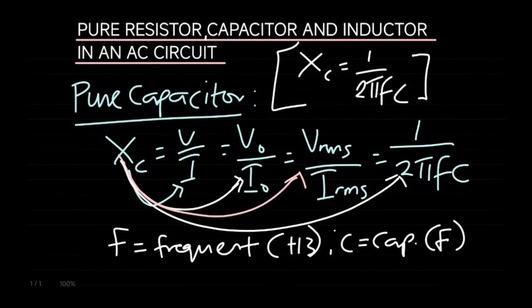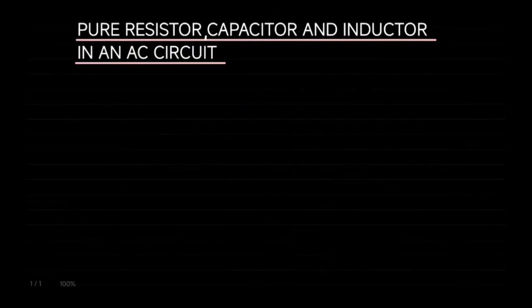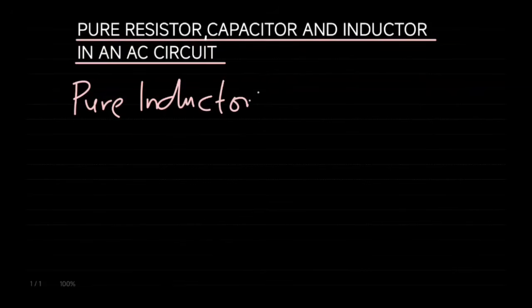And the next one we'll be looking at is the pure inductor in an AC circuit. A pure inductor is an inductor in which the resistor and the capacitor effects are not found, meaning that it has no resistor or capacitor effects.